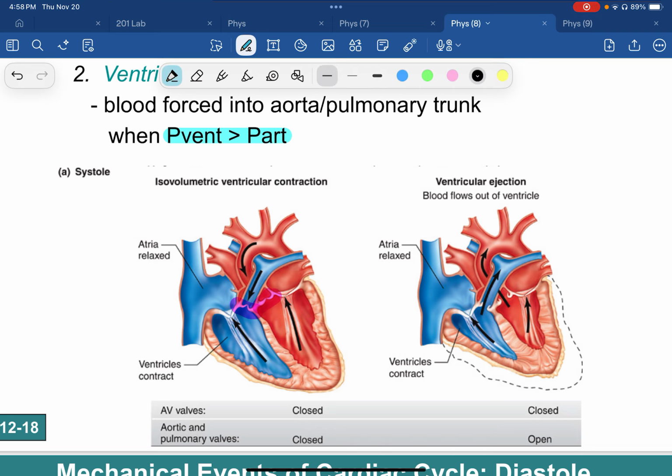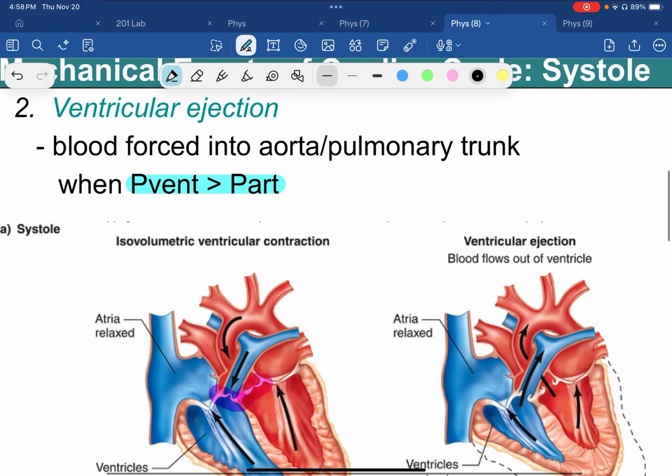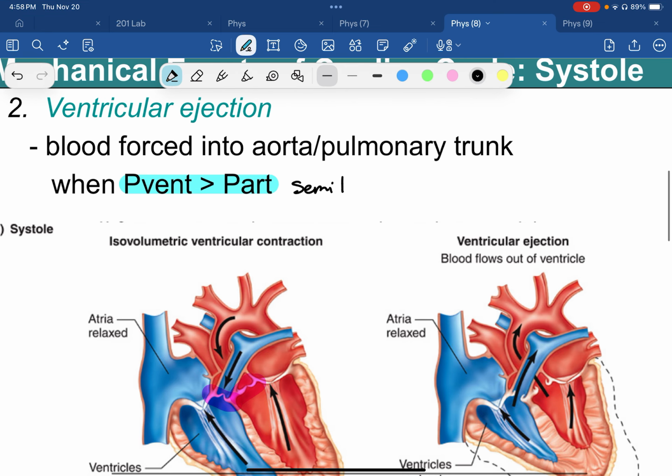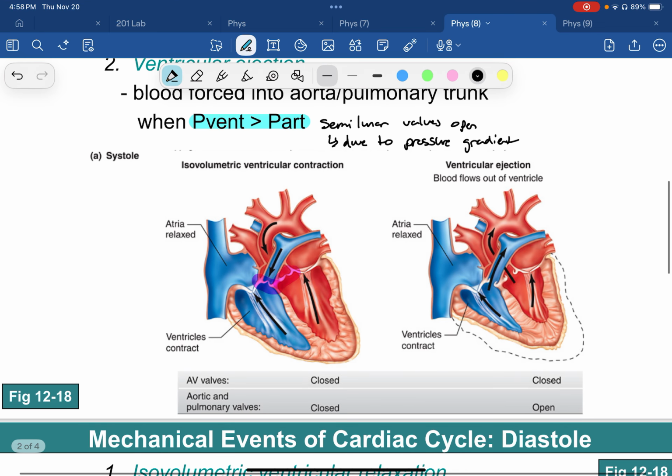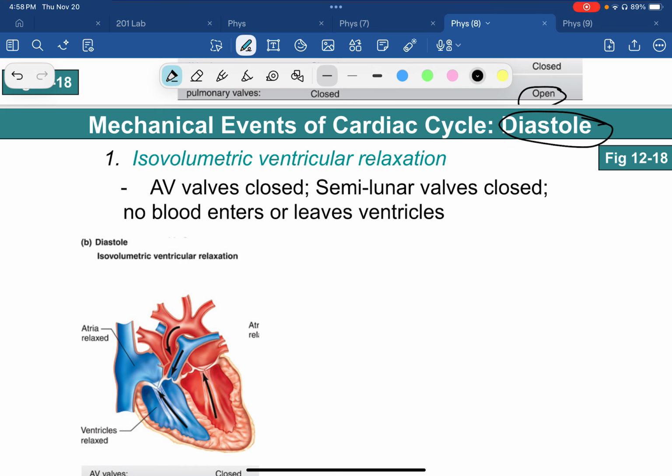So the pressure is so great that our semilunar valves open, and this is due to the pressure gradient. We can see that the ventricles contract and the blood is ejected, and our semilunar valves are open at this stage.